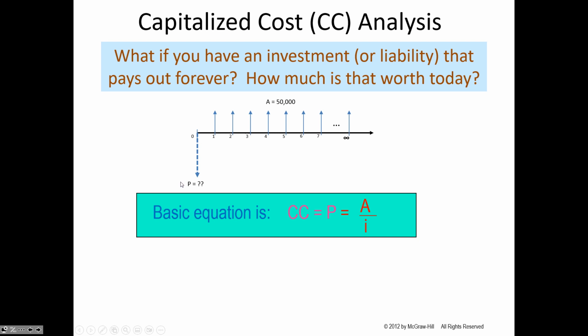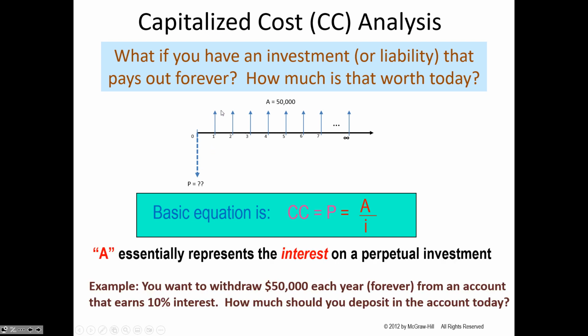So the amount that you need to deposit into the account to provide for an annual withdrawal of $50,000, we would just have the $50,000 divided by the interest rate, which in this case is 10%. So 0.10, that means that you have to deposit $500,000.